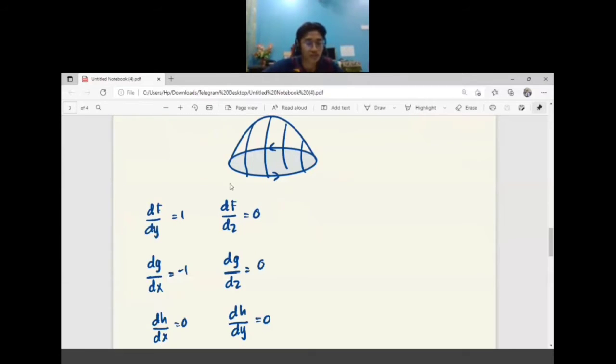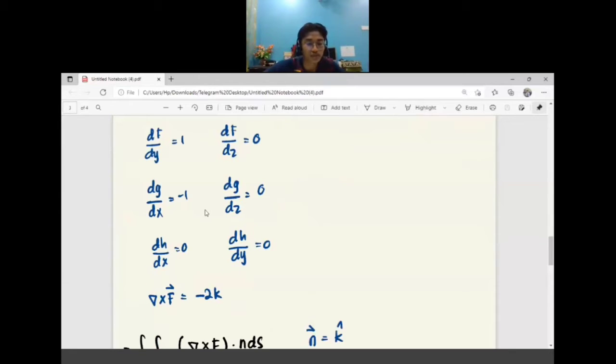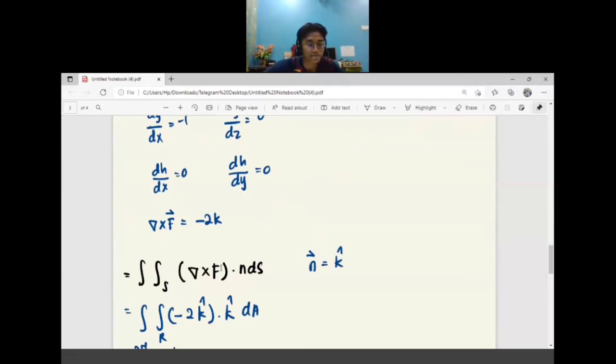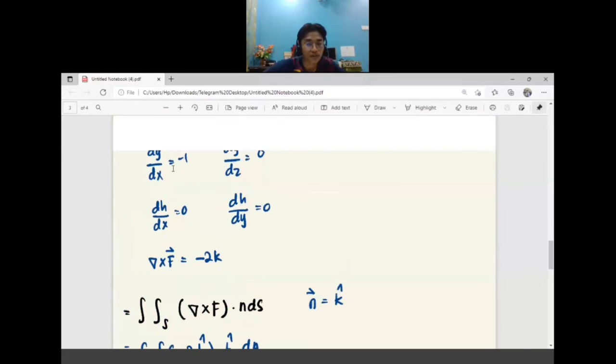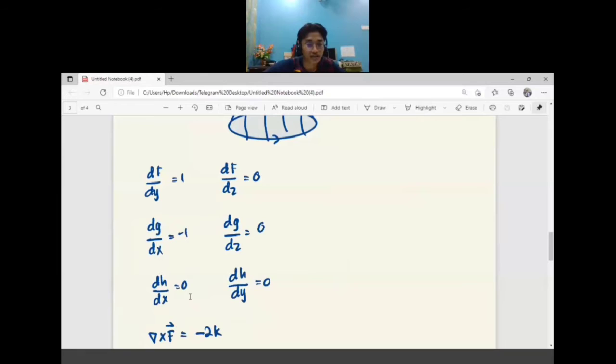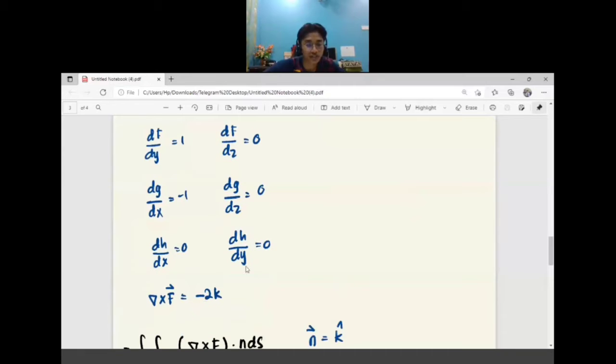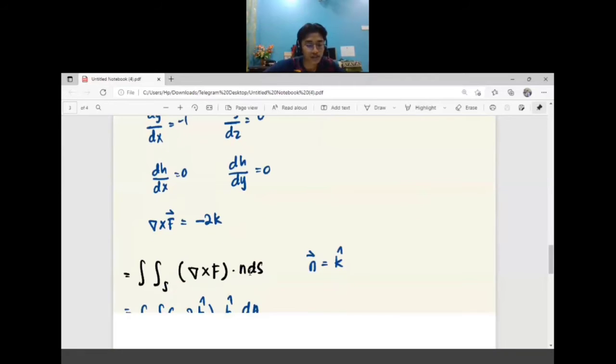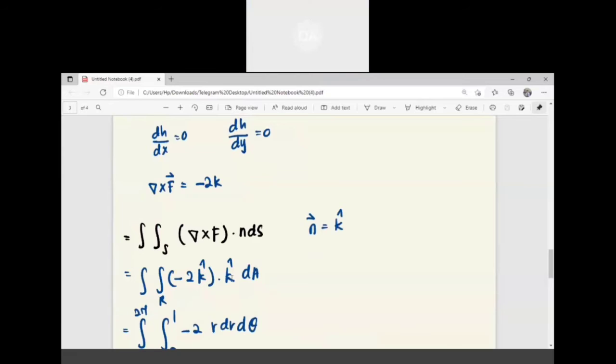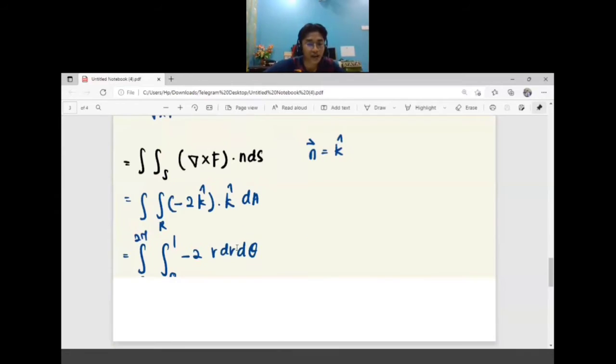Next we do the surface integral of the curl of F dotted with n dS. First we need to find the curl of F, and we get negative 2k, dotted with n dS. The normal vector is just k hat, so the n value is k hat.